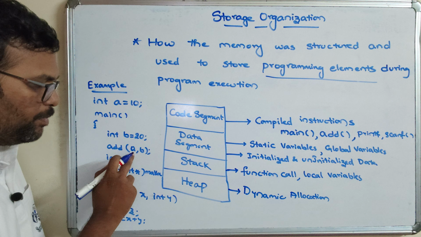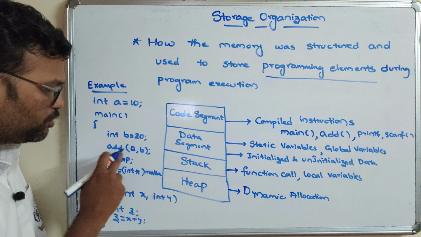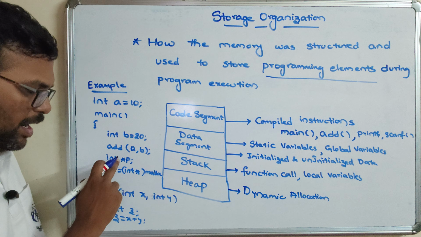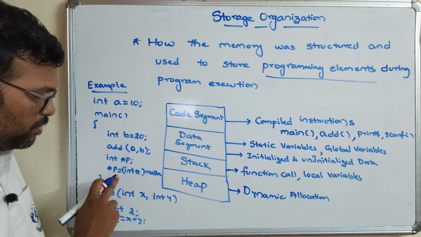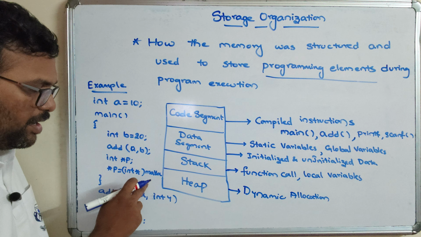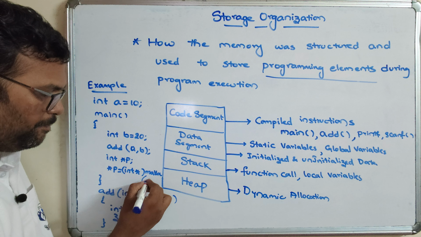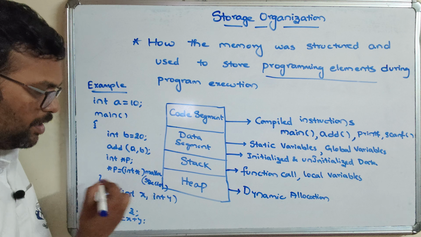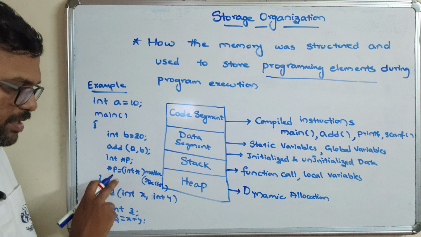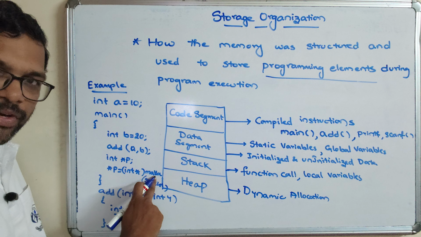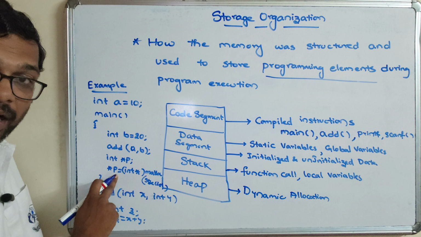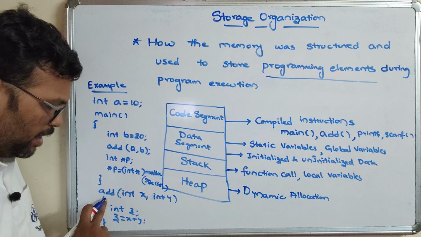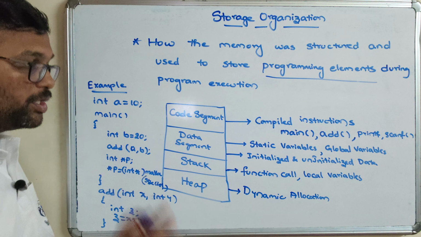I'm passing the parameters a and b to the add function, and I have taken one pointer variable, declared here, and I'm giving the size of int. I'm not writing the complete thing, but I have used a malloc function to allocate memory to the variable, and in the function definition I'm taking two variables here.